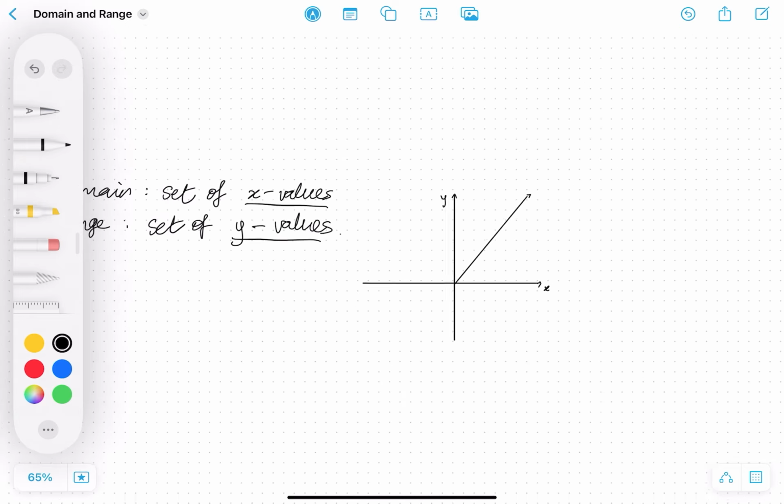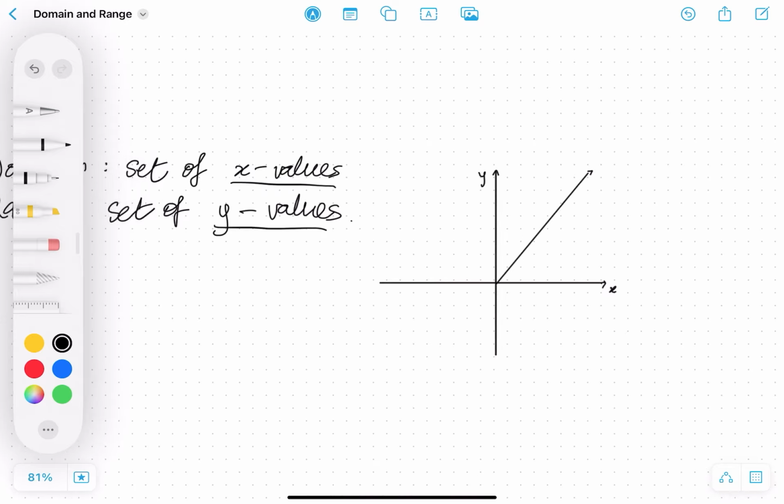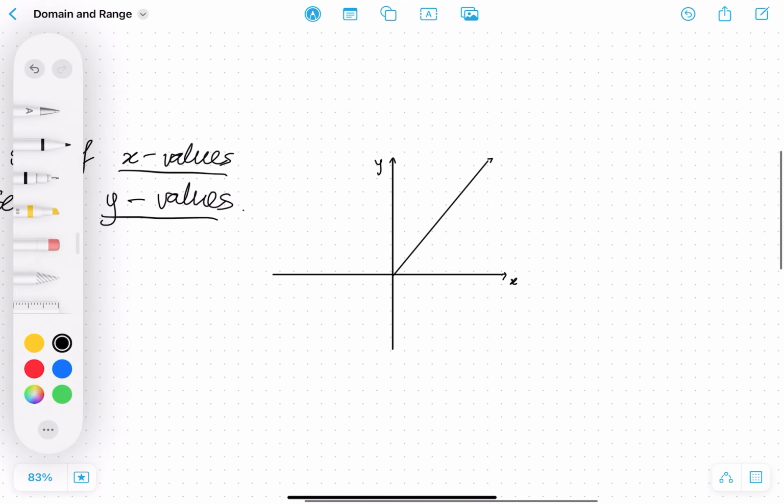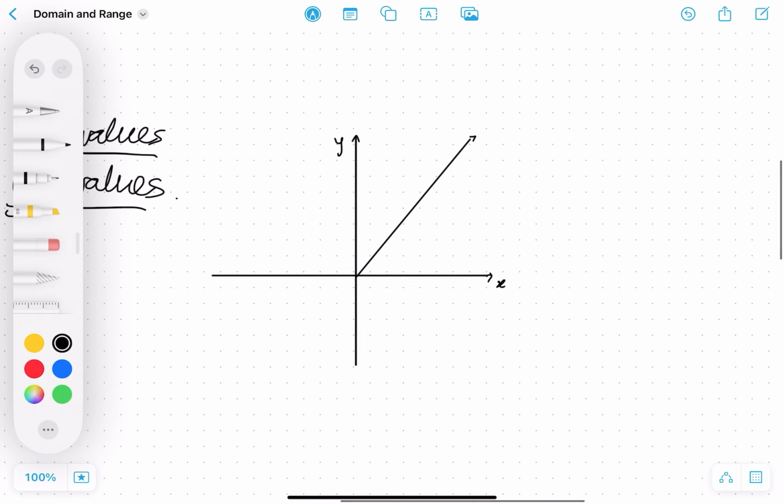So now if we look at the set of x values to find the domain of this graph from the sketch, we look at the x values that this graph spans over. And that would therefore be x is greater than or equal to 0, because the graph spans this part of the x-axis.